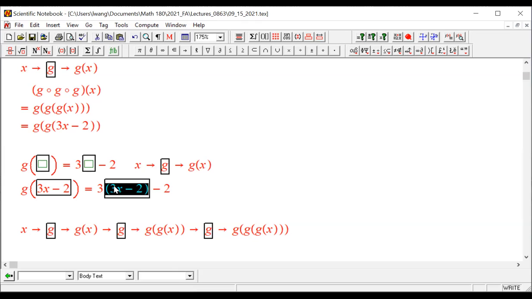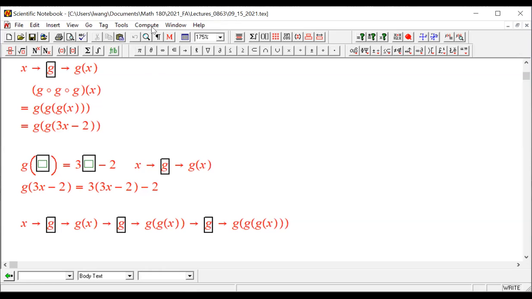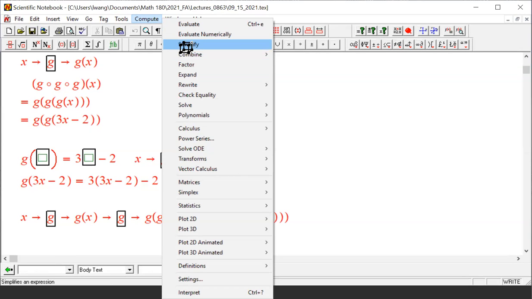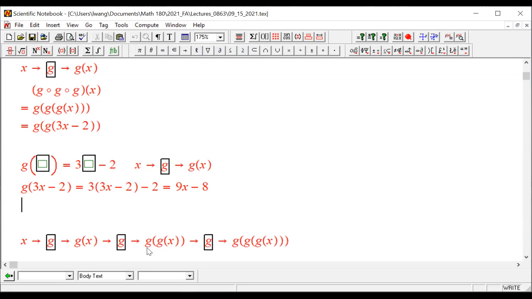Of course, you will simplify this a little bit. So that's g of 3x minus 2. You open up the parentheses and simplify, and you get 9x minus 8. So by the time you're here, let me draw a little arrow here.